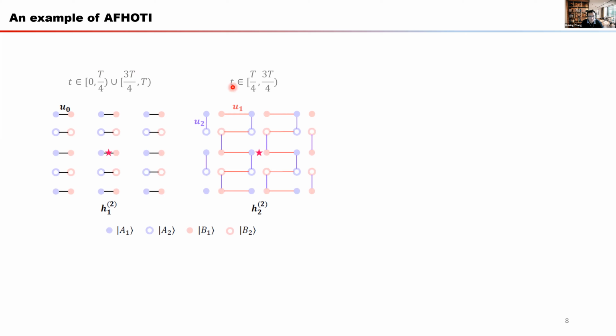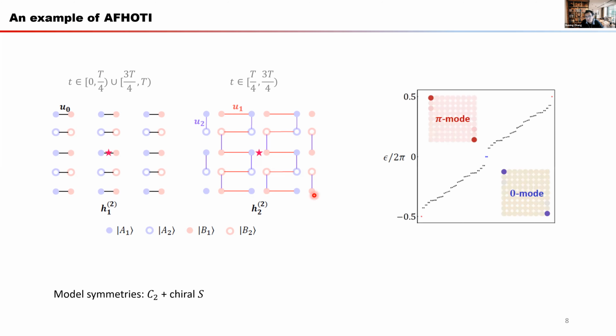The second part consists of the coupling of these non-trivial chains, and this lives in the remaining time interval. When you put these two together and form this two-step drive, this model leads to these higher order features, where you have pi modes and zero modes localized around the corners. So this is a very simple model for these AFHOTIs.